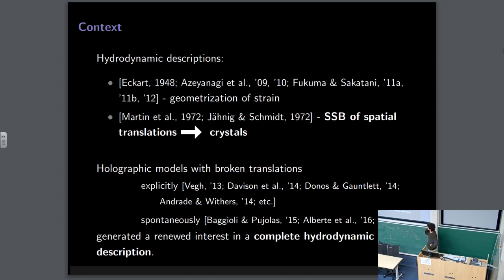More recently, in the past decade, there were a lot of studies about holographic models with broken translations, either explicitly or spontaneously, and the need to understand the near-equilibrium behavior of these models generated a new interest in having a hydrodynamic description of viscoelasticity free from some of the assumptions of prior works.